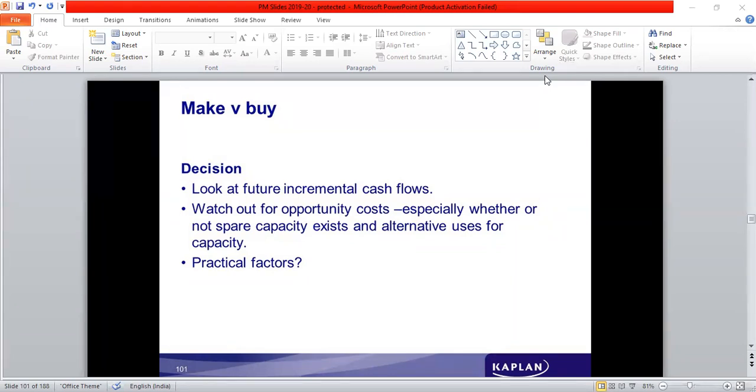The next decision is about make or buy. What does it mean by make or buy? See, some of the products are basically assembly of many components.